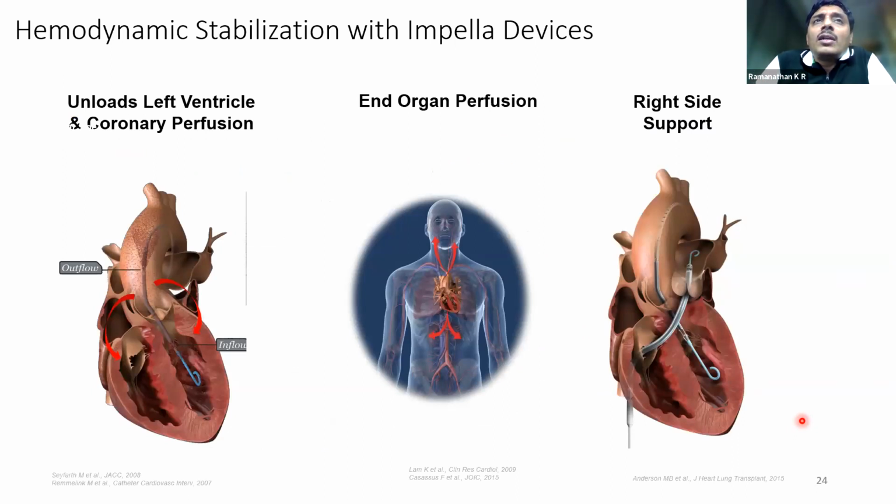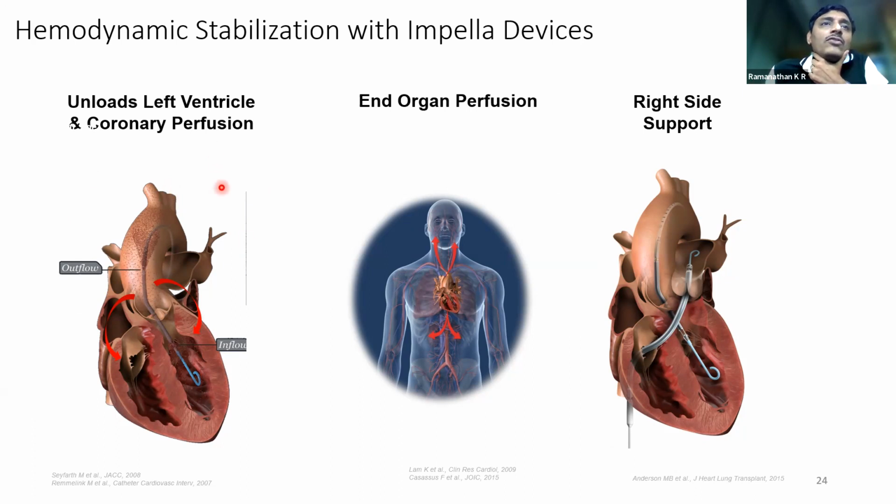The other device that we commonly use, or rather, that is hitting the news regularly, is the Impella device. Now, the good thing about the Impella device is it's placed inside the LV. It's an axial pump that takes blood out of the LV into the aorta directly. So in a way, it's physiological. So it unloads the LV in every way.